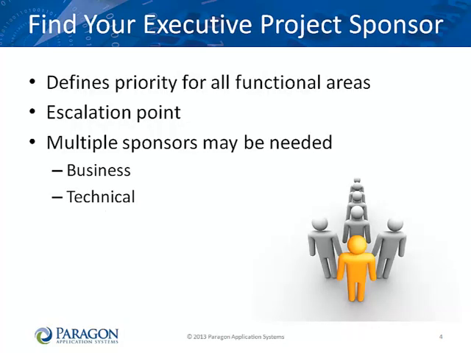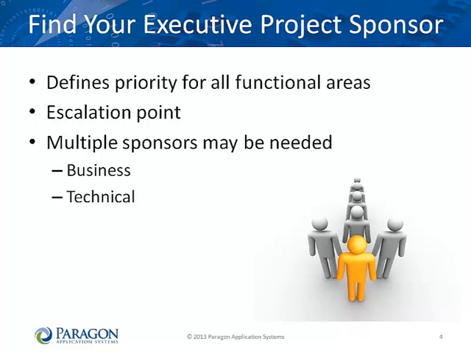One of the most important things you should do right up front is assign a high-level executive sponsor or a project champion. This person will help define and enforce the priority of the EMV project across all functional areas. Because of the enterprise-wide impact of an EMV migration project, it's vital that the priority of this project is clear to all of the groups that are involved in the project.